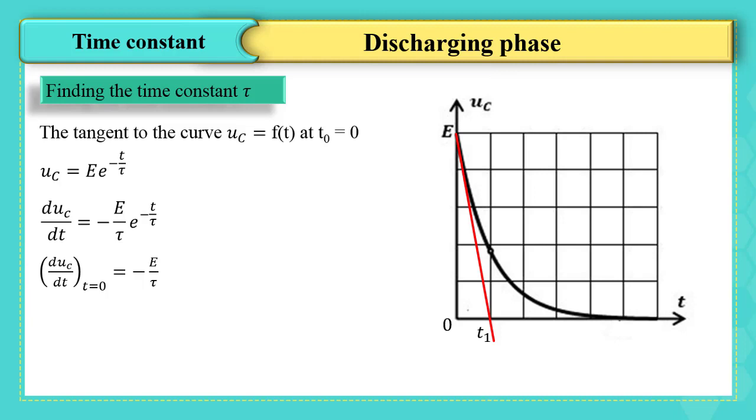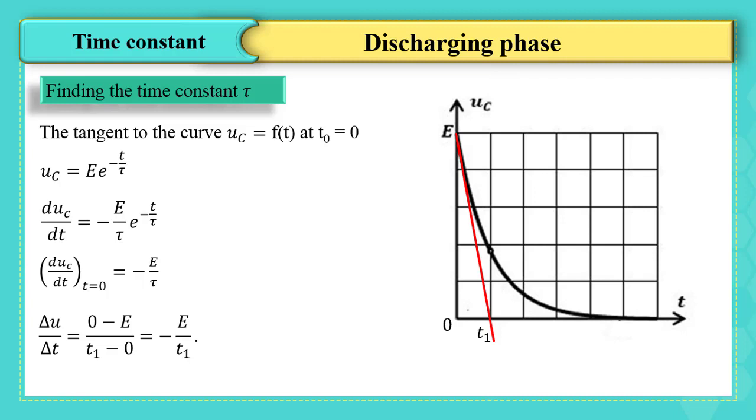And using the graph, the slope of the tangent delta u over delta t is equal to 0 minus E over t1 minus 0, equal to minus E over t1.